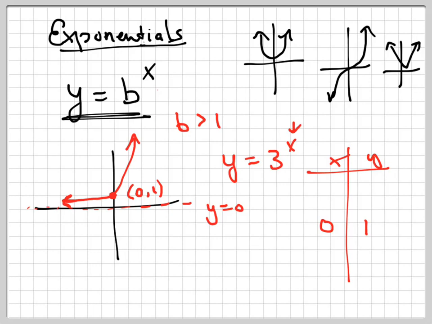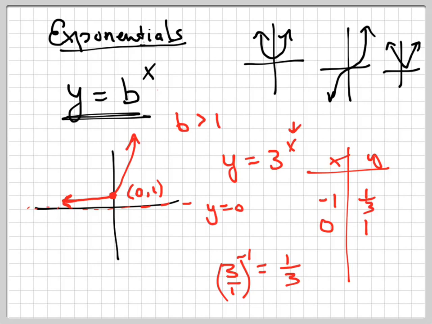And if you put in negative 1, what's 3 to the negative 1? Do you remember what to do with the negative power? It's 1 over 3. 3 to the negative 1 means you flip it, and it's 1 over 3.